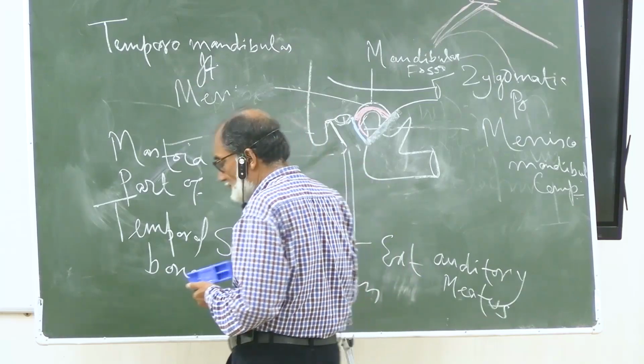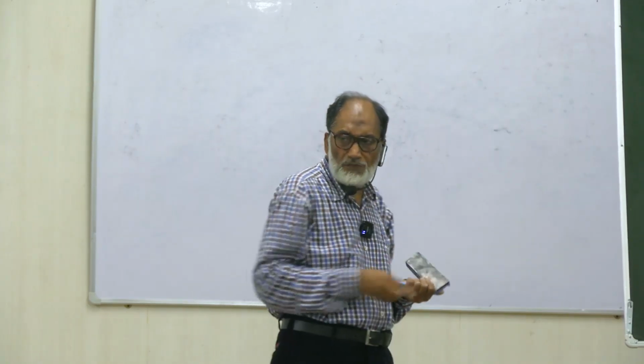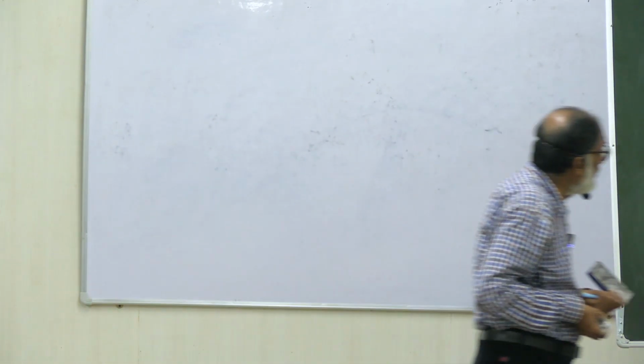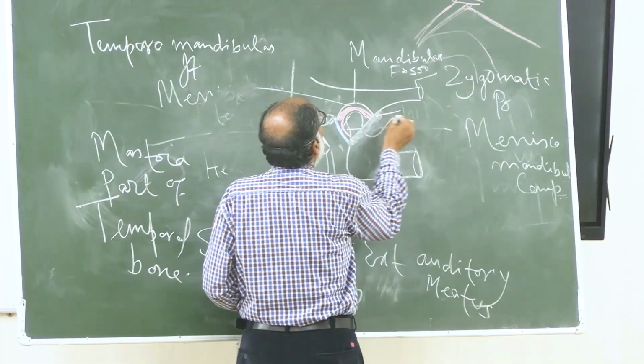Now there is another important muscle here that is coming from the anterior aspect, that is lateral pterygoid muscle. The lateral pterygoid muscle is coming like this.